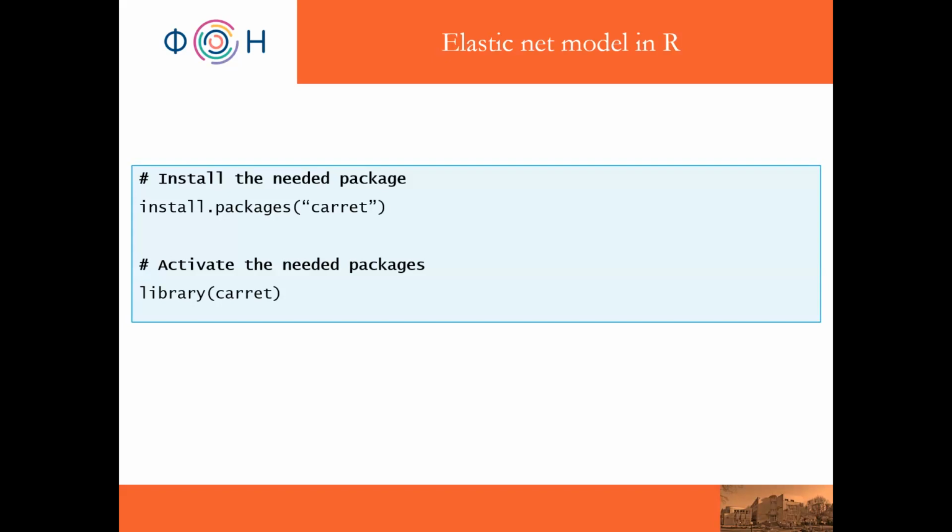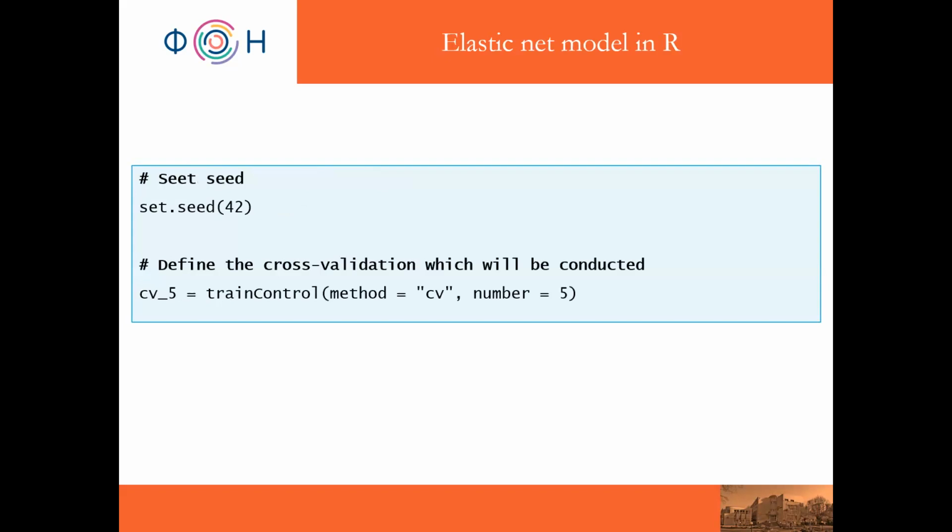So it will take into account both types of constraints in the model. Okay. So here, let's say we will want to do cross validation, and we want to use a cross validation with five folds.